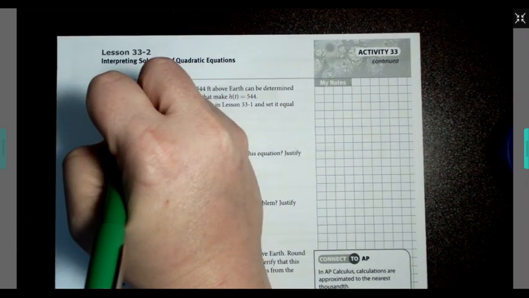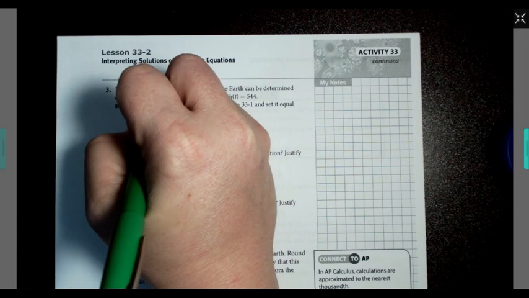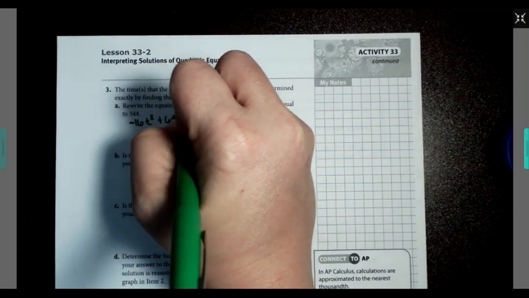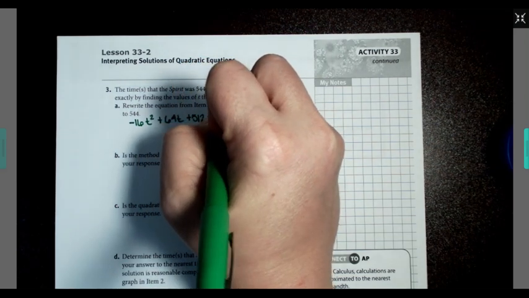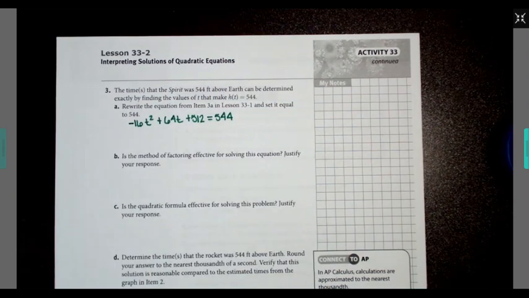So that was negative 16t squared plus 64t plus 512, and we're going to set that equal to 544. Is the method of factoring effective for solving this equation, and justify your response?